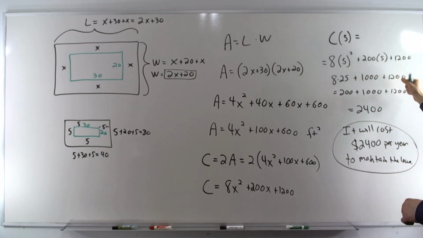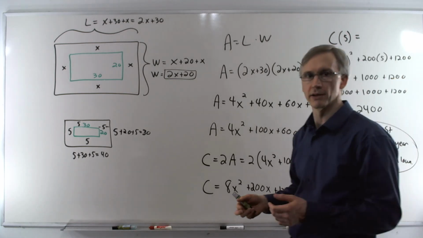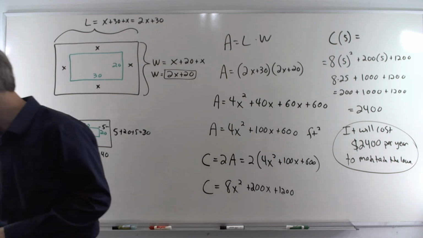So after we plug in 5 and evaluate it, we get 2,400. So that means it's going to cost $2,400 per year to maintain the lawn.